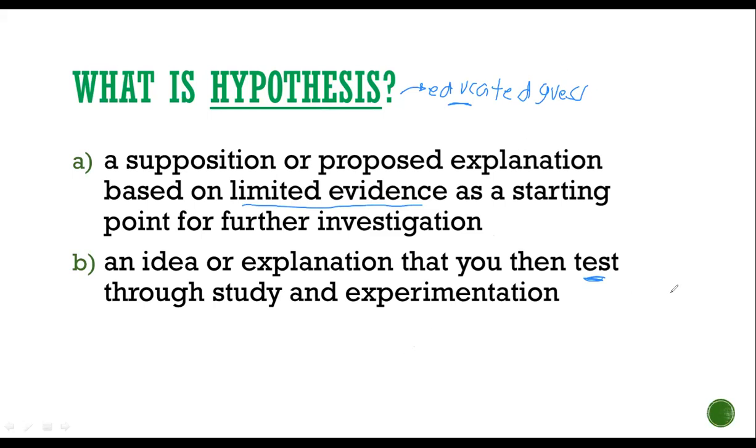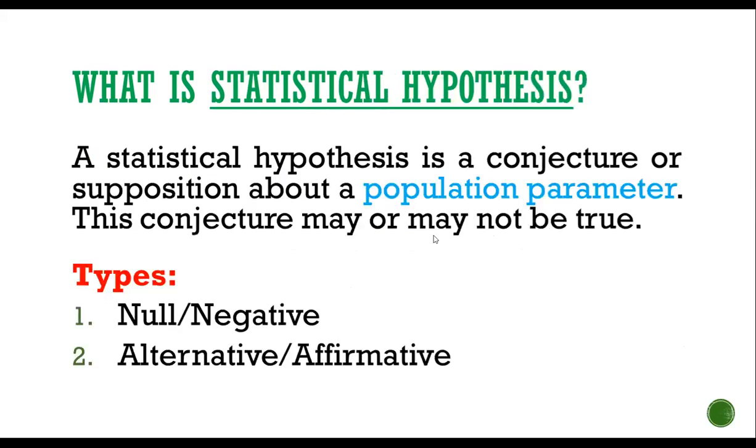We move on to the next slide. Kung kanina hypothesis, ngayon, let's mainly focus on statistical hypothesis. So it says there, a conjecture or supposition about, yan, naka-highlight ang ating term na population parameter.